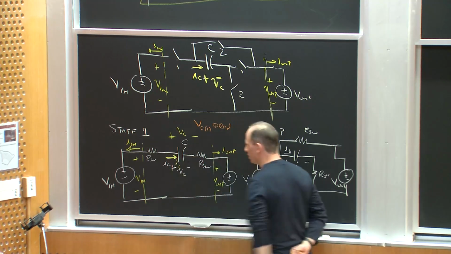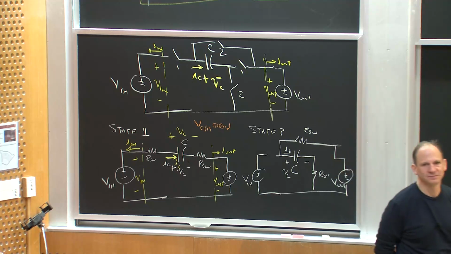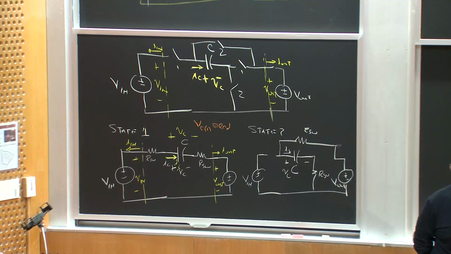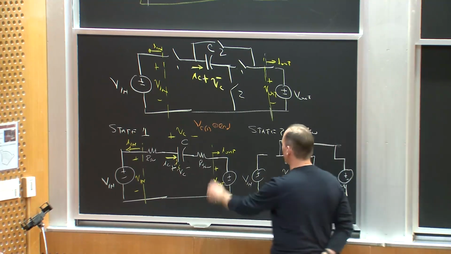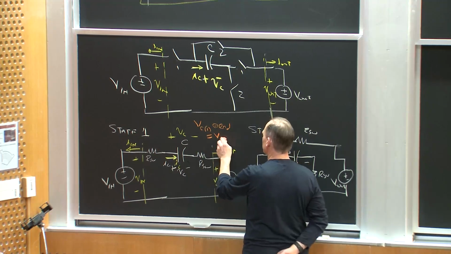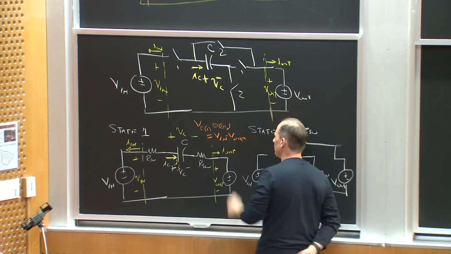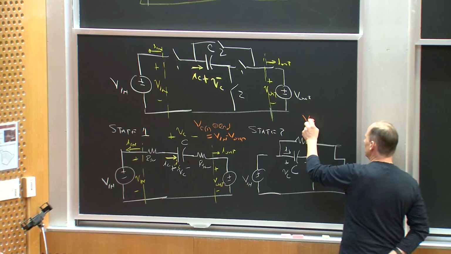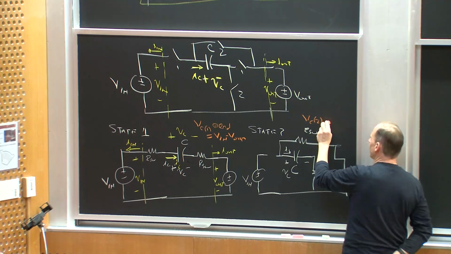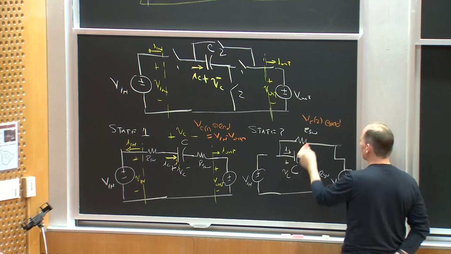What voltage would VC charge to? Has to be V in minus V out. And in state 2, at the end, correspondingly, VC has to go to V out.